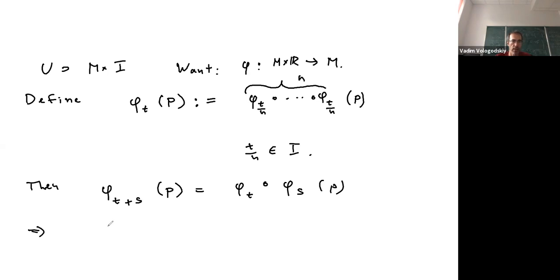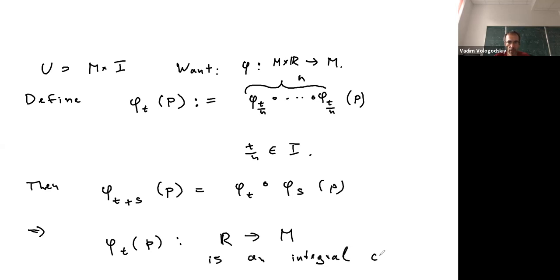So this implies that actually U, which is defined as maximal, is, well, maybe I'll write it as follows. It follows that phi t of P, which is now a map from R to M, is an integral curve through P, right?